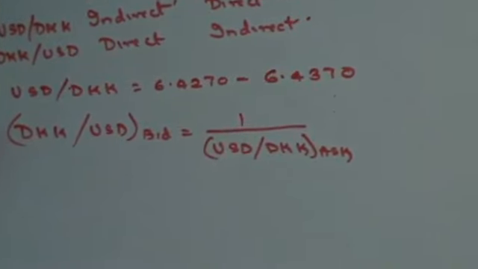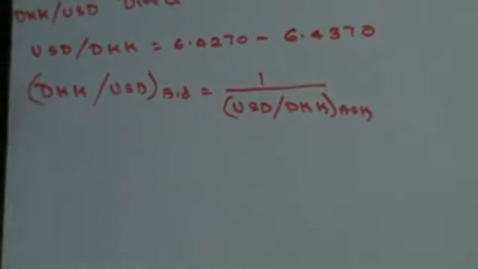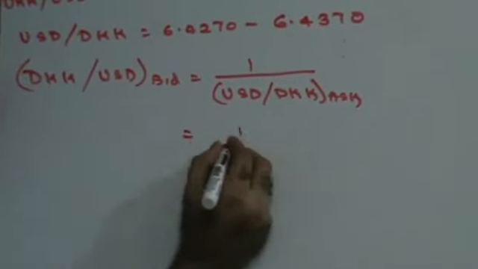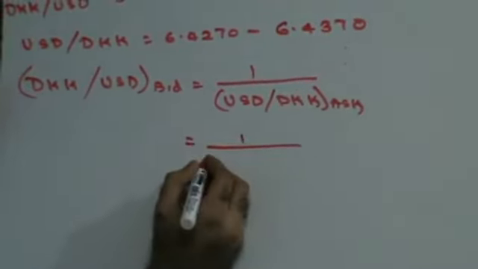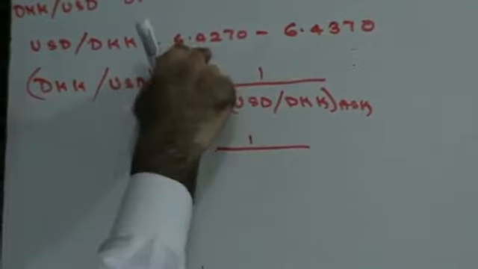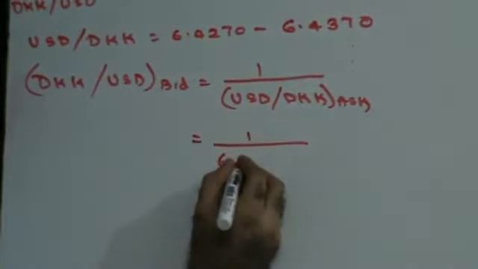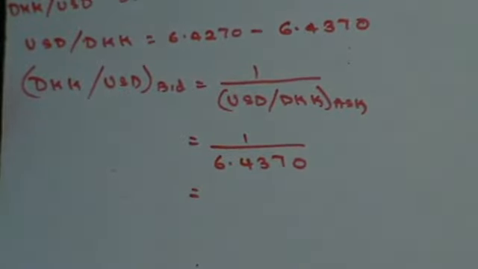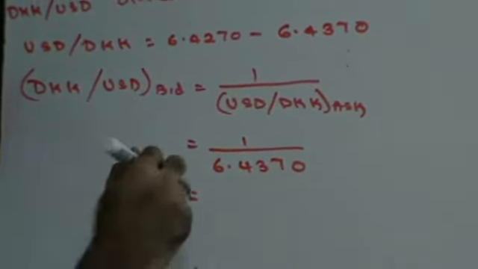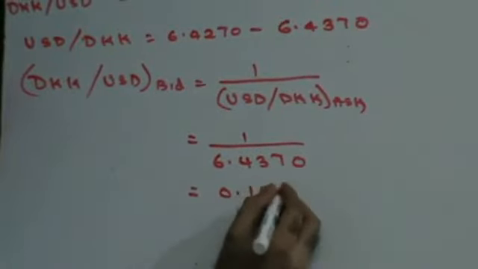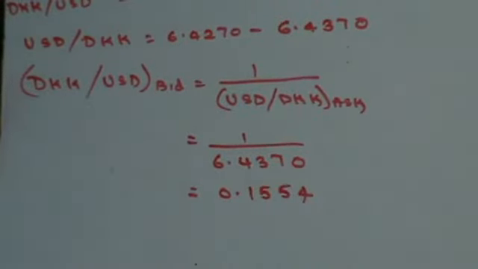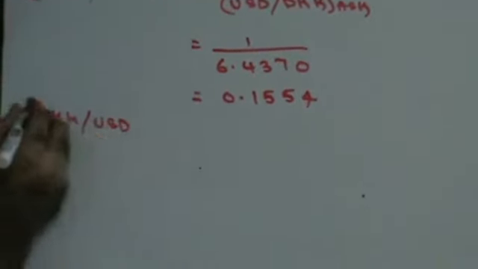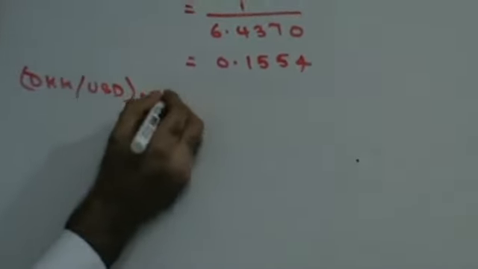When I reciprocate, bid gets converted to ask and ask gets converted to bid. The first rate is bid, the second is ask, 6.4370. So when you divide this, it comes to 0.1554.